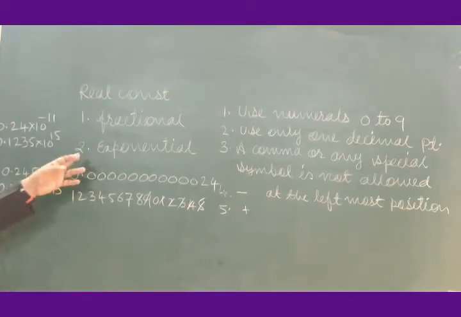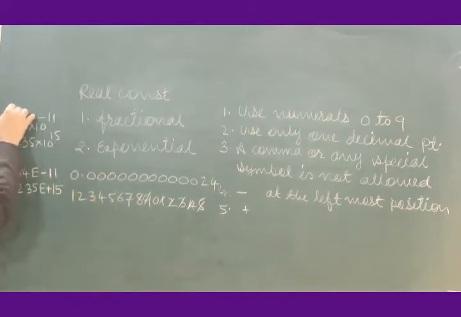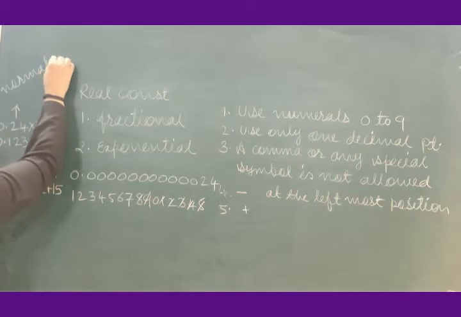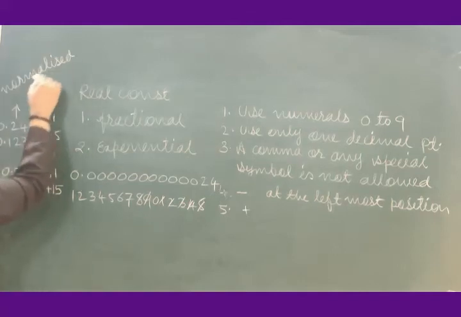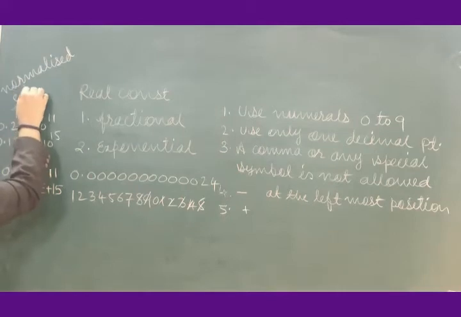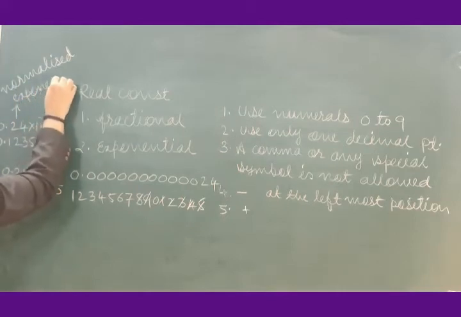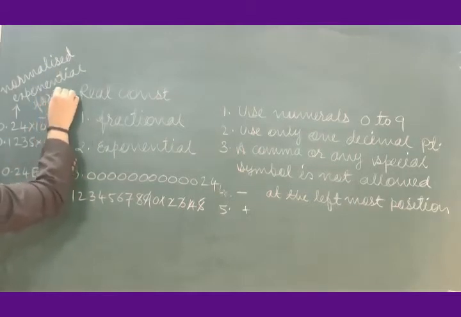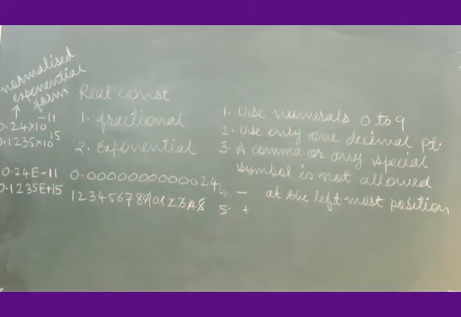If very small or very large numbers are written this way, this form is known as normalized exponential form.